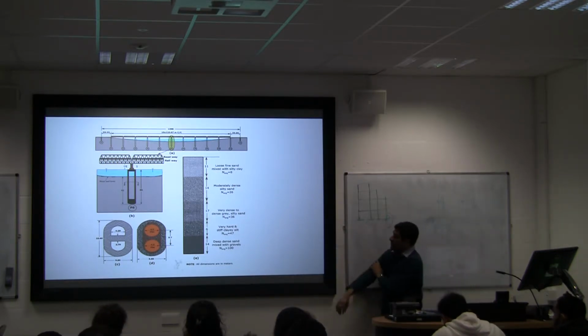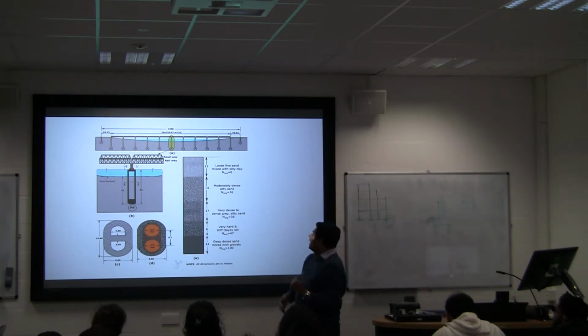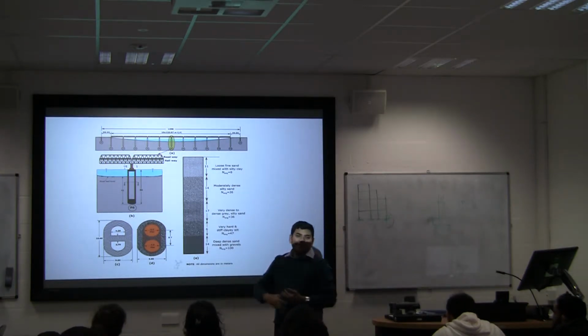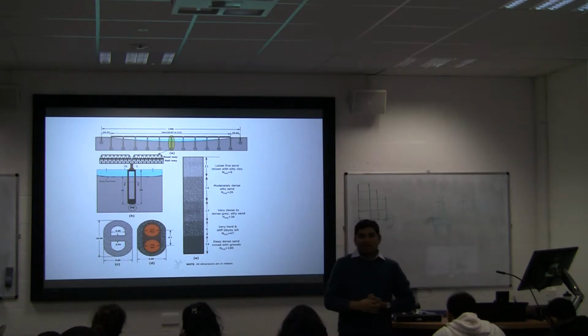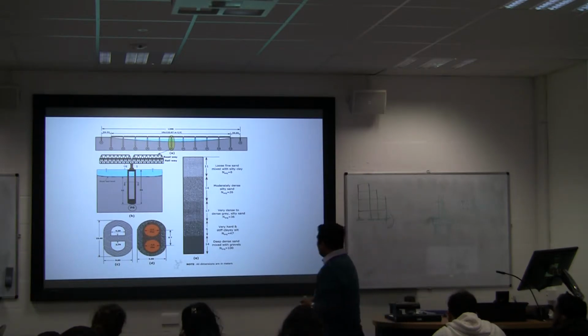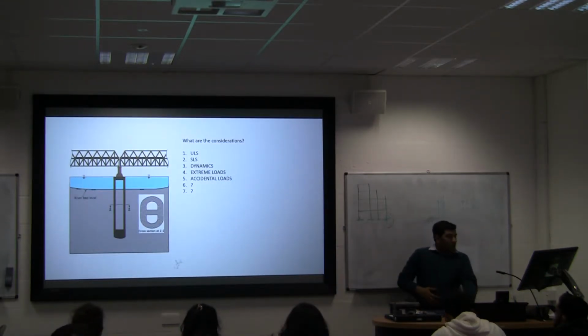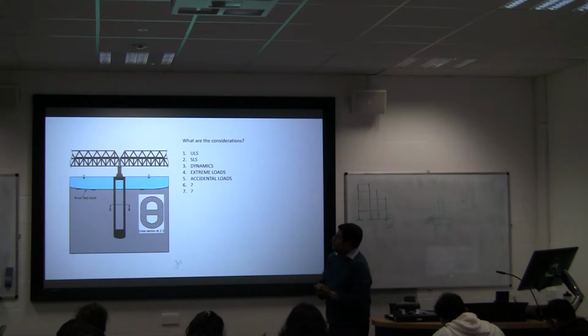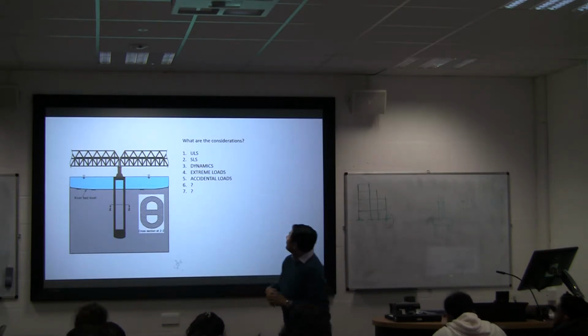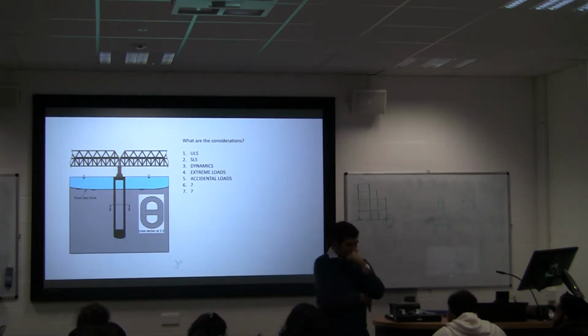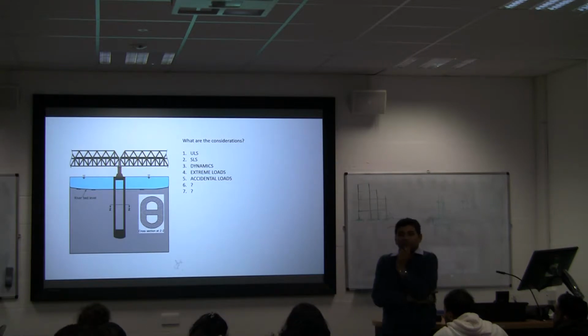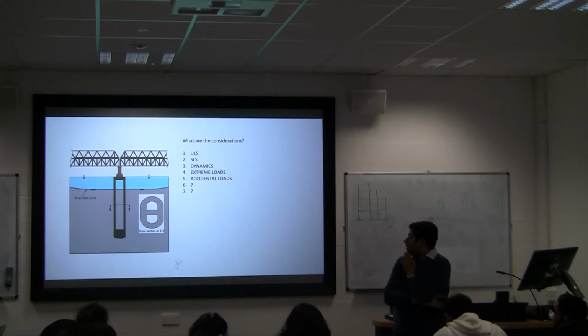What you can also see is that to do a design, you need to know the ground profile. You also have to know the ground profile in order to do any calculations. Now, if you look into these sort of foundations, what would you consider? What are the things to consider for design?